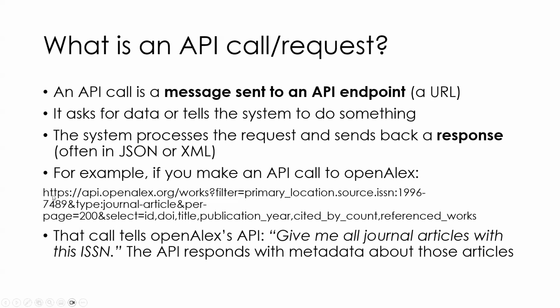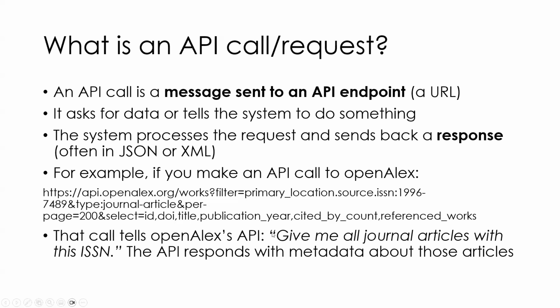For example, this is what an API call to OpenAlex would look like. There it is, api.openalex.org. I want data on all the works, and it must be filtered according to location source for a specific journal. There's the journal's ISSN, journal articles, a maximum of 200 per page, DOIs, titles, publication years, cited-by count must be included, and referenced works.